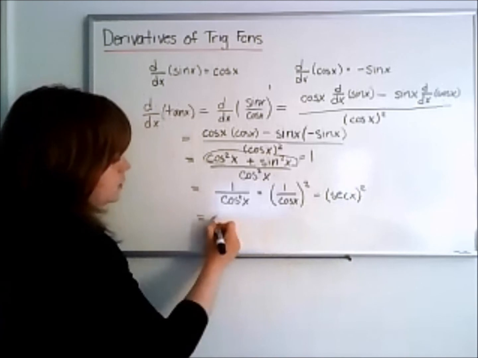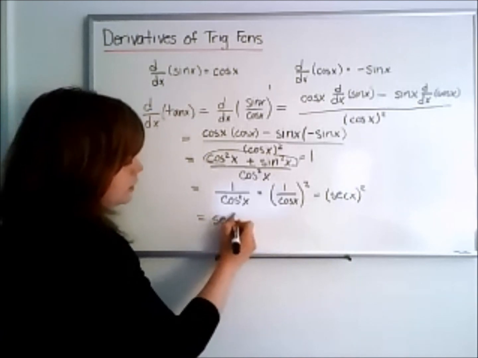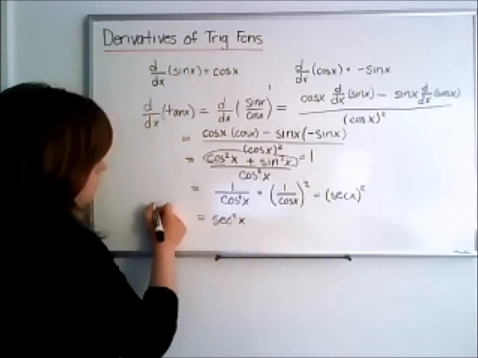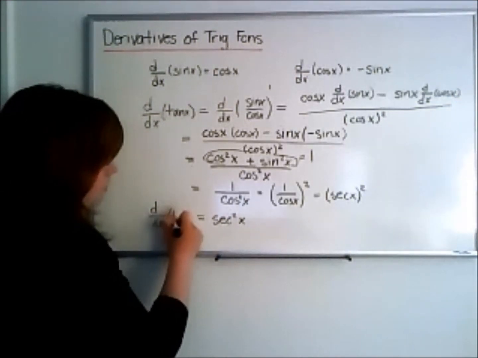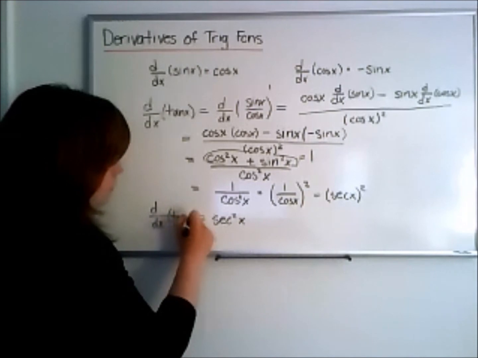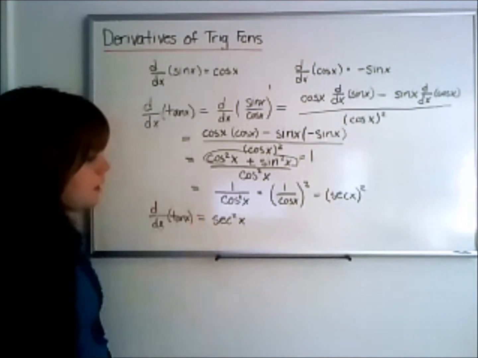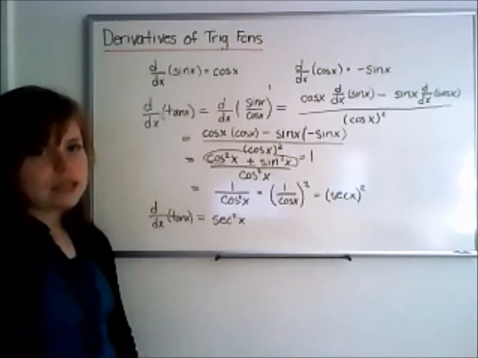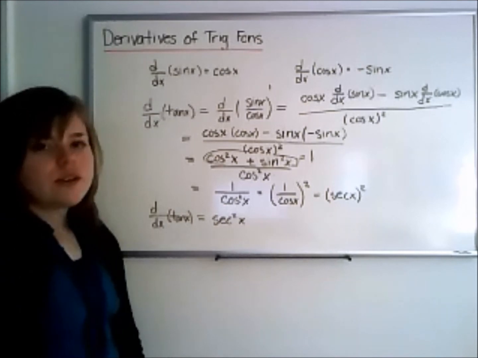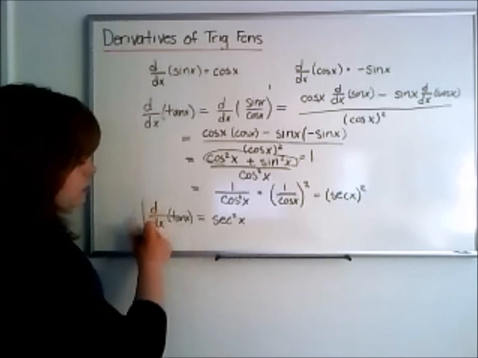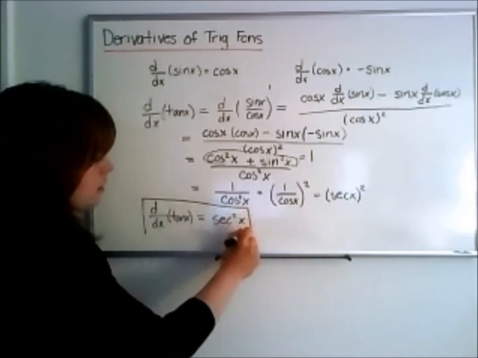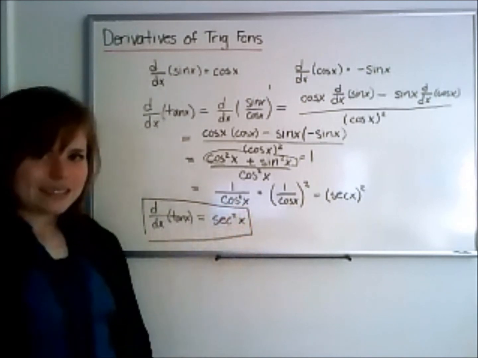So our final answer is secant squared of x. And this is something you would possibly see in a list of the derivatives of trig functions, where the derivative of tangent of x is secant squared of x.